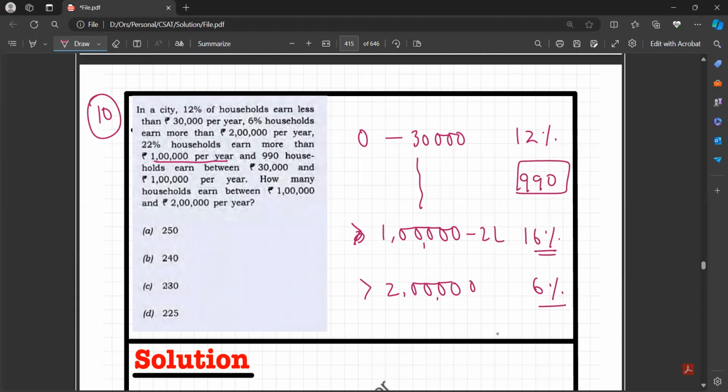We need to find the 16%. How will we do it? This is 12%, this is 16%, this is 6%. 16 plus 6 is 22, and 22 plus 12 gives you 34%.